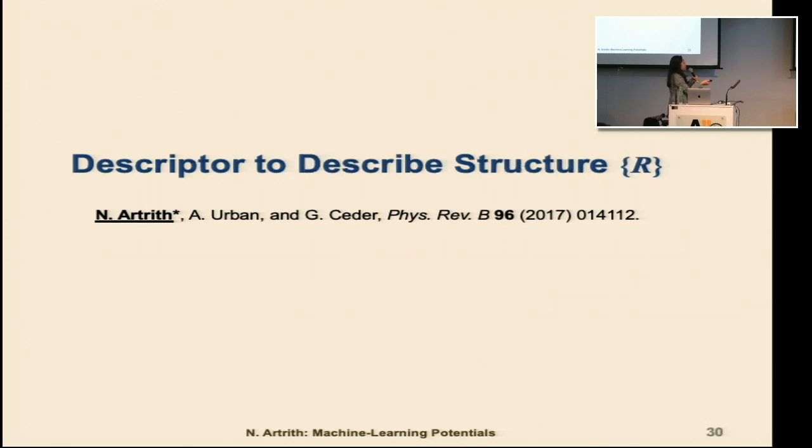So the first part, I would like to discuss the descriptor that describes the structures.